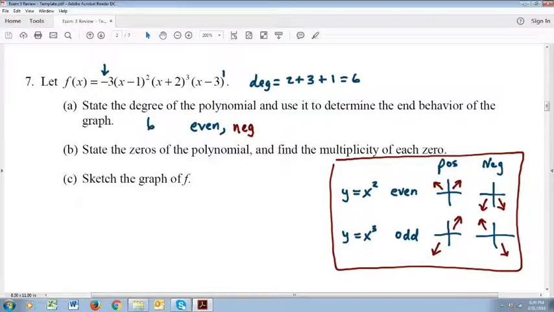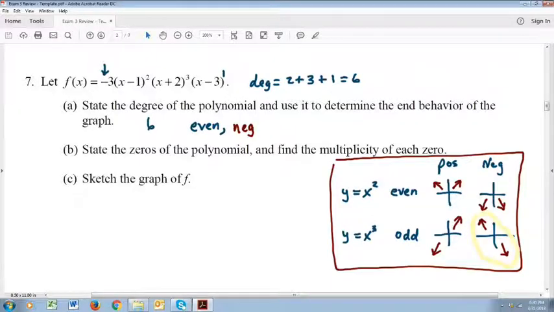For odd functions, they're going to act like y equals x cubed, which I called the John Travolta function. So if the coefficient in front is positive, it looks like John Travolta, or the end behavior of x cubed. And if you have a minus in front, then it would be a reverse John Travolta, or like I have right here.